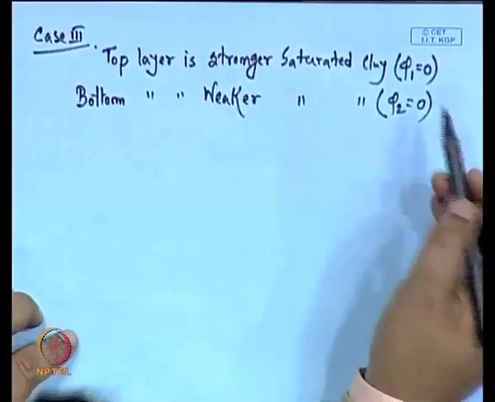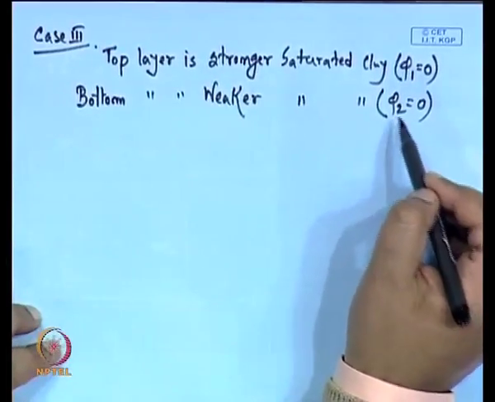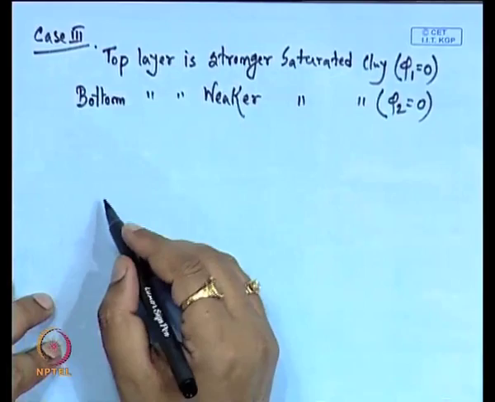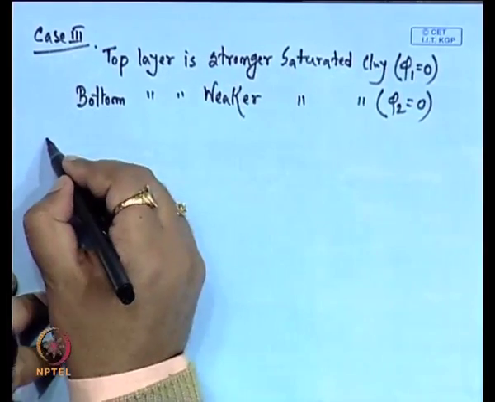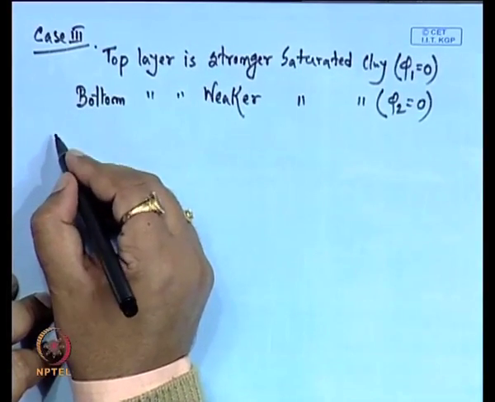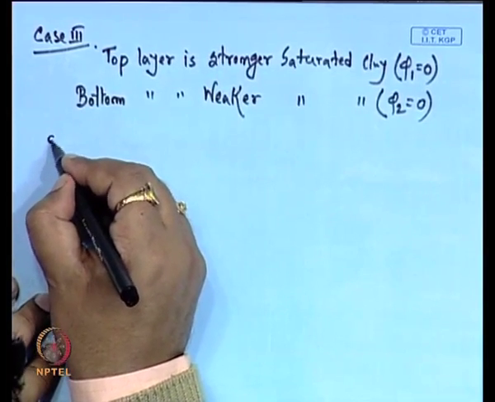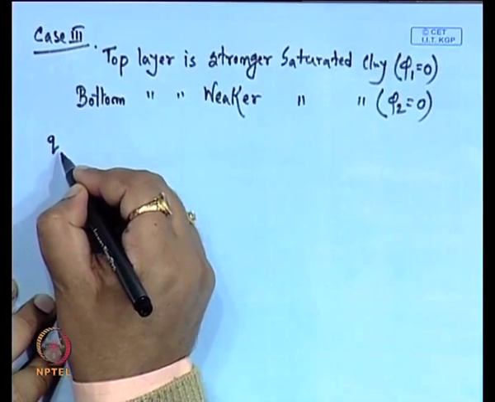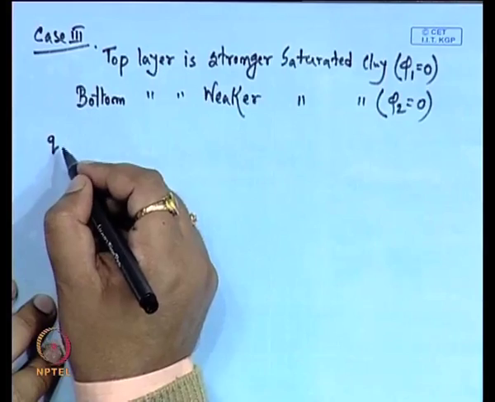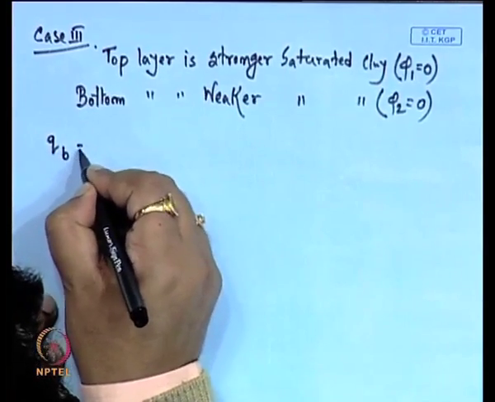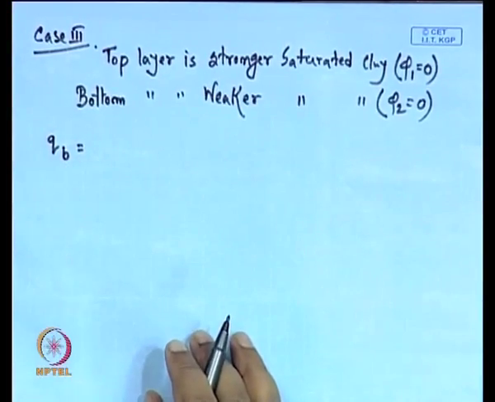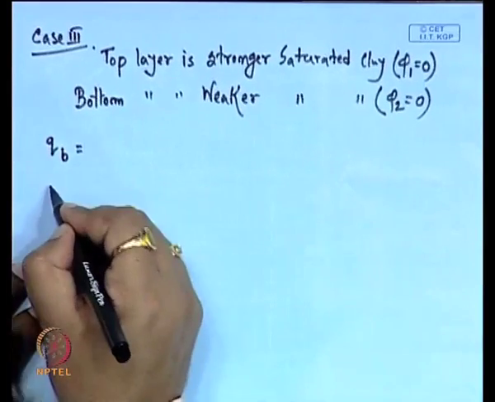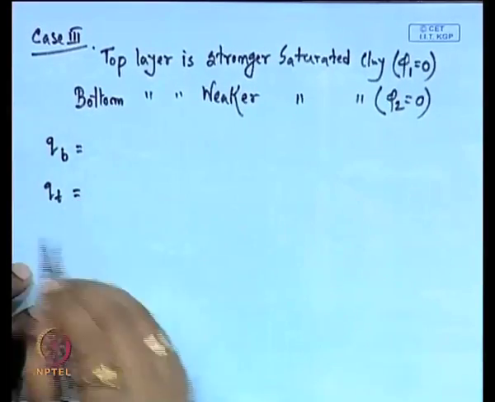So in case 3, phi 1 is 0 and phi 2 is 0. Then we have to calculate Qb and Qt both.